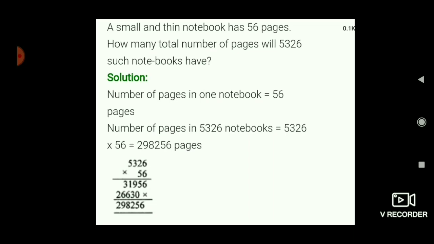So one notebook has 56 pages, and number of pages in 5,326 notebooks will be equals to total number of notebooks multiplied by number of pages in one book, which is equals to 5,326 multiplied by 56, which is equals to 2,98,256 pages. So which is the required answer.